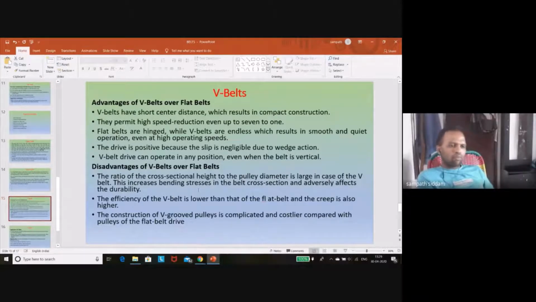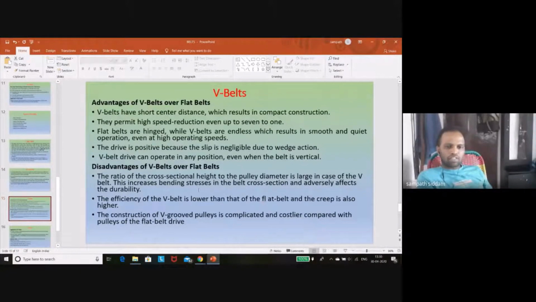You also have a few disadvantages of V belts over flat belts. The cross sectional height of the pulley diameter is large in the case of V belts, because the V belts transmit along with the pulley itself. So the height of the pulleys is higher. This will increase the bending stresses in the belt, which will also affect durability, and the life of the belts will come down.